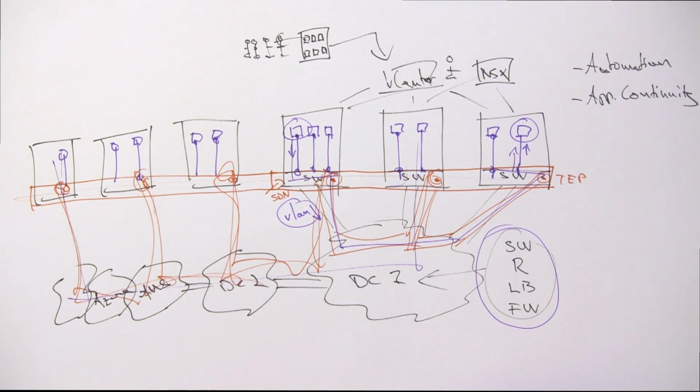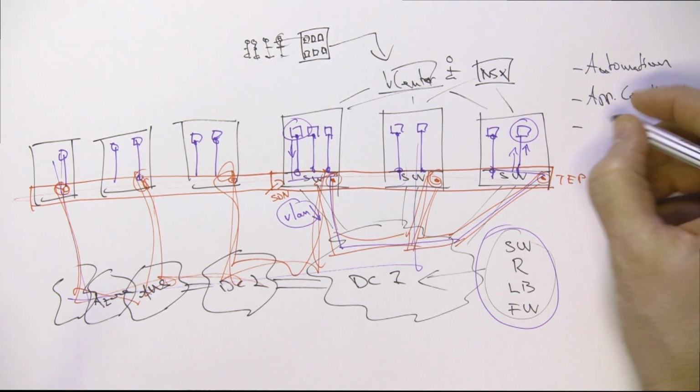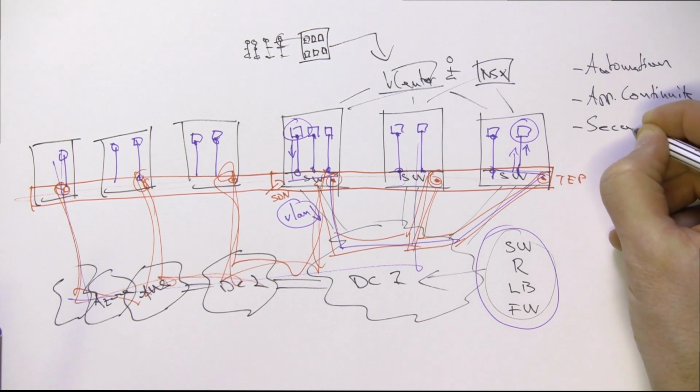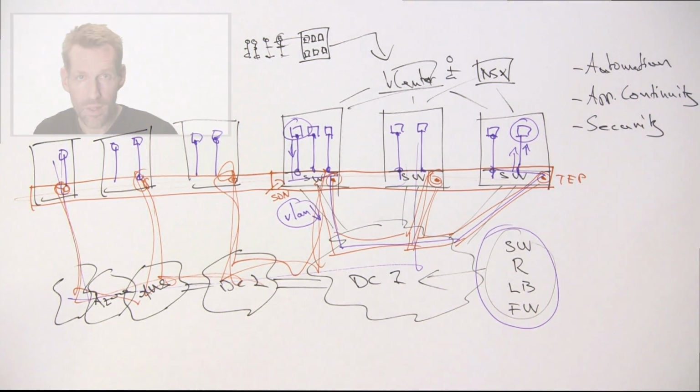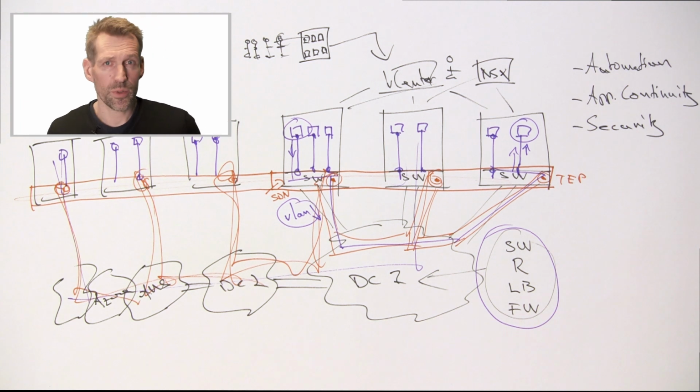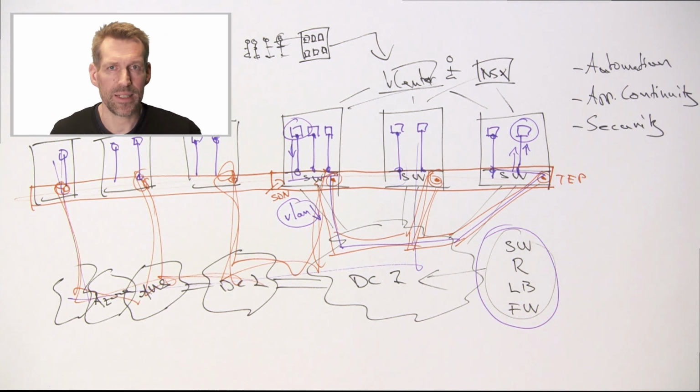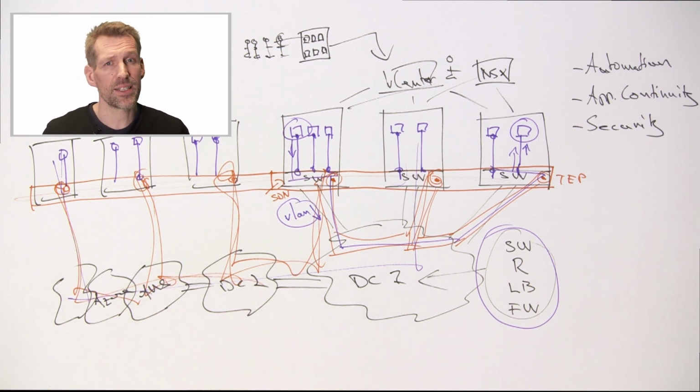Security, however, that's actually maybe the third driver, security. When security was brought into the VMware NSX product, it was a decision taken that this should be placed so that we actually have a firewall enforcement per workload.